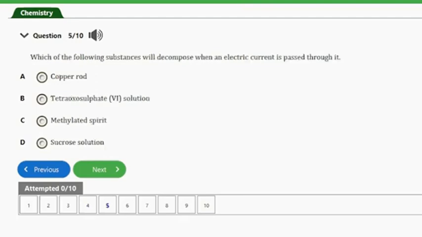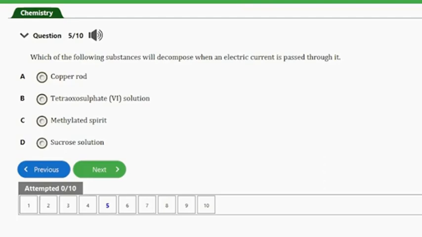Let's consider the next question. Question number 5 here, it says, which of the following substances will decompose when an electric current is passed through it? A, copper rod, B, tetroxosulfate solution, C, methylated spirits, D, sucrose solution. So guys, the answer to this question is option B here, tetroxosulfate solution.